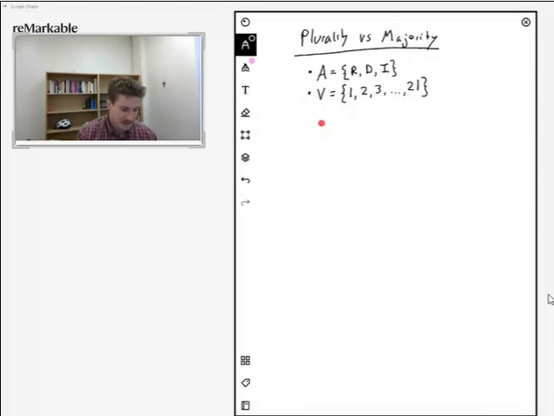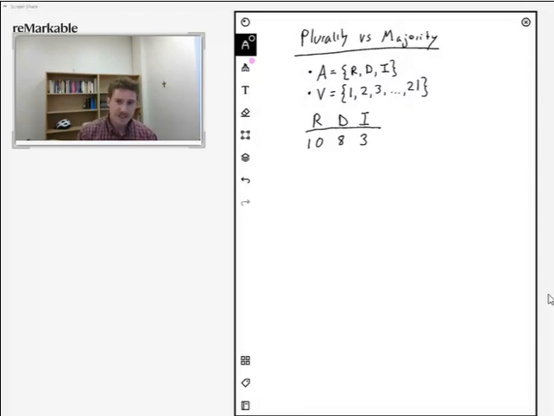So let's suppose in this example, the Republican, the Democrat, and the independent are each favored by the following number of people. Let's say the Republican has 10 supporters of the 21, the Democrat has 8, and the independent has 3 supporters. Okay.